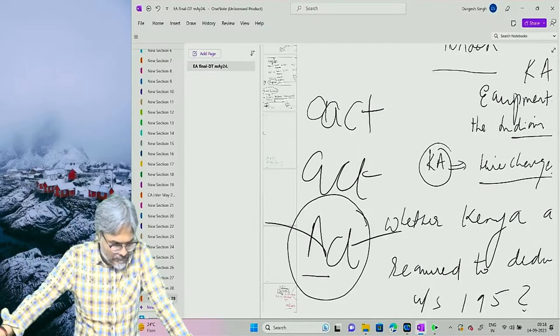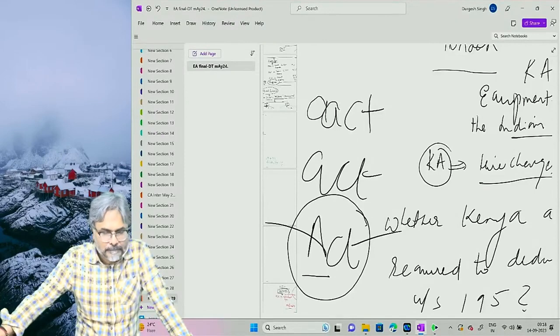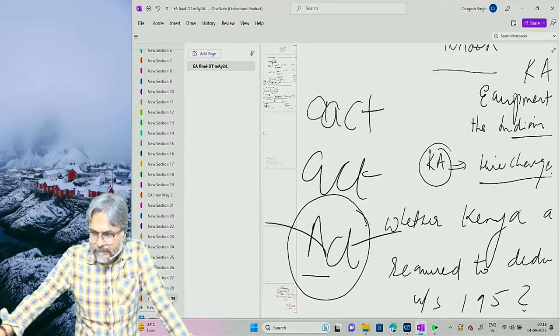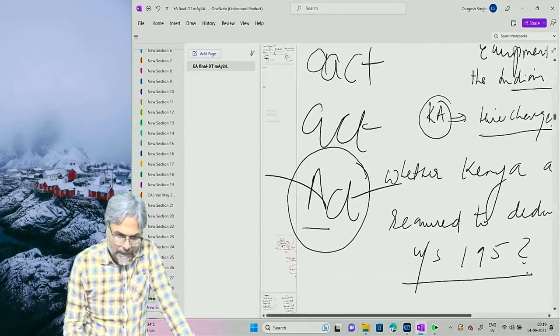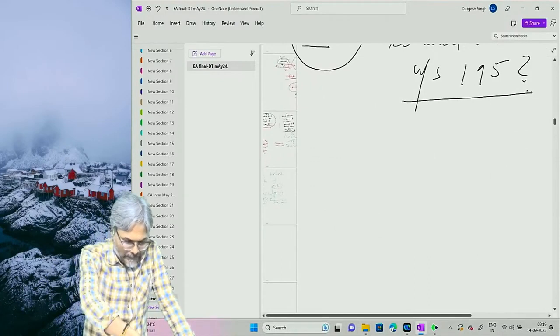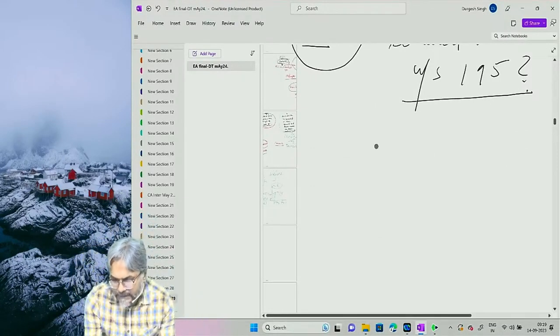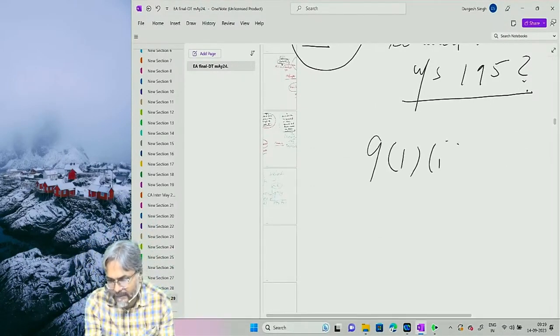Point number 2. As per section 9(1)(i), write like this, students. We are hitting the first clause. There are 8 clauses in section 9(1), students.